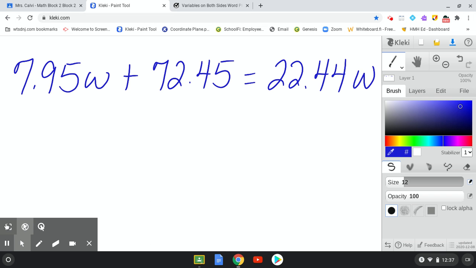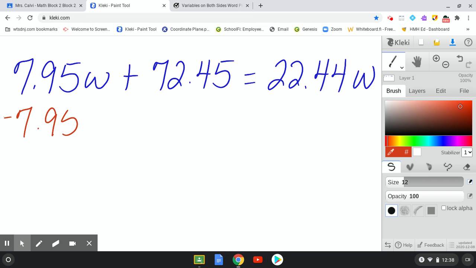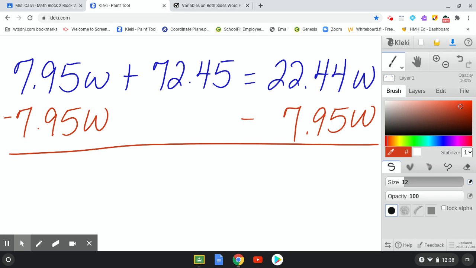Okay, so now we're going to solve. I am going to bring over the 7.95W by subtracting. Okay, the 7.95Ws on the left cancel. Oh, I forgot to draw my lines that I always draw.